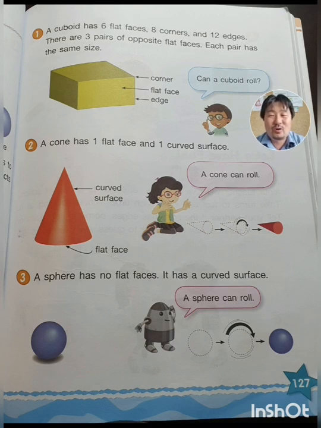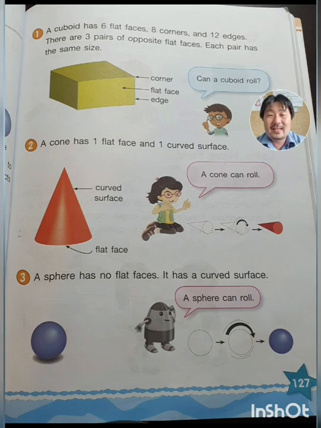No, it cannot roll. Okay, number 2 now, a cone. It has one flat face or surface and one curved surface or face. As you can see on the arrows there, pointing first to the curved surface, and then the other arrow is pointing to the flat surface or face.